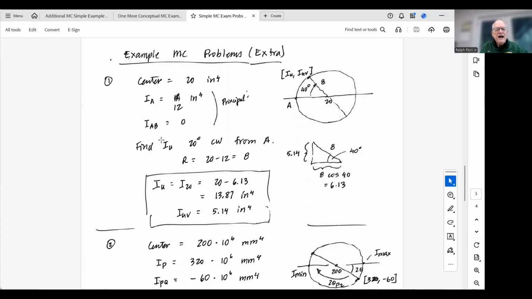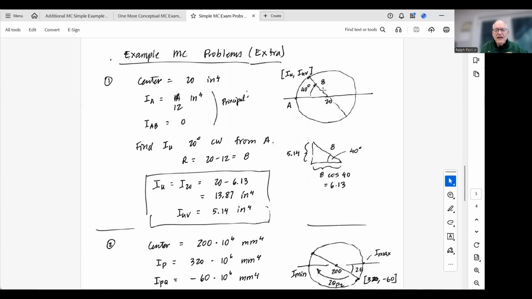You're asked to find IU that's rotated 20 degrees clockwise from A on the original section. Twenty degrees clockwise from A on the original area is 40 degrees on Mohr circle, so you have a 40-degree angle here.